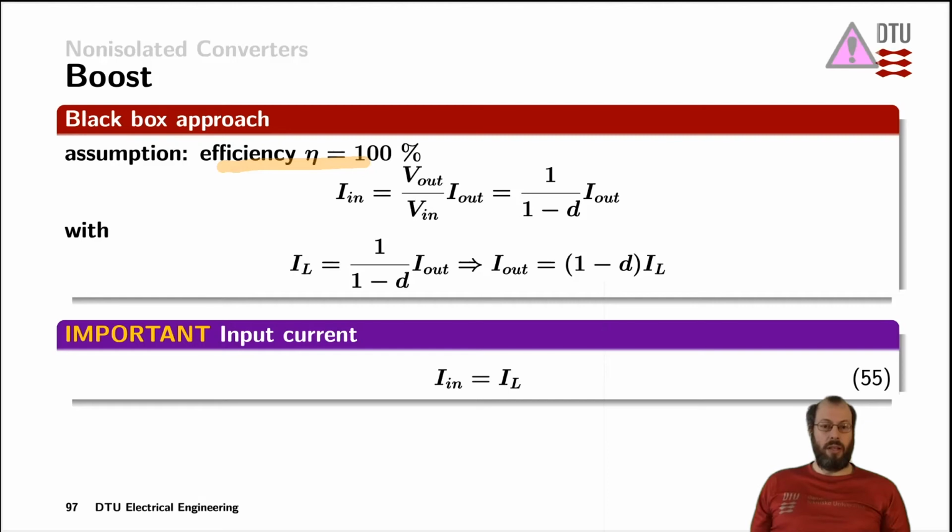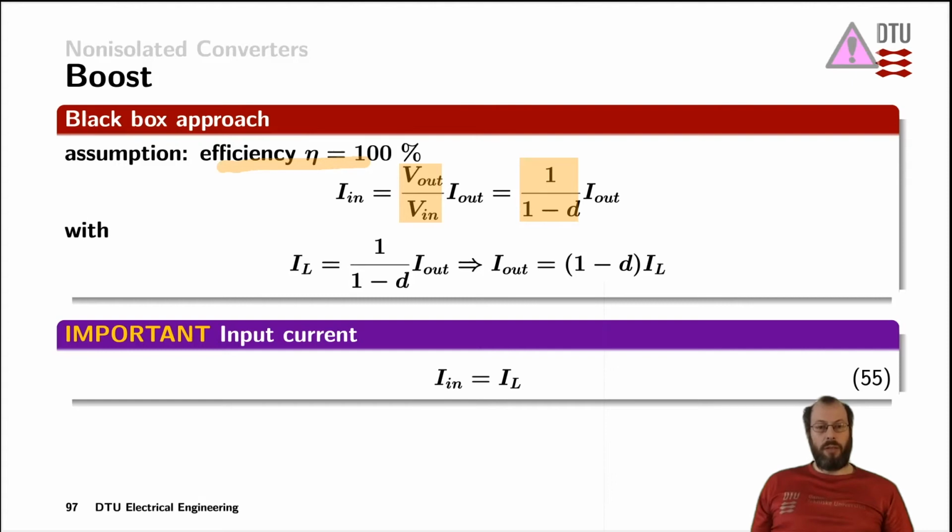That means they are equal to the output voltage divided by the input voltage. And the output voltage divided by the input voltage is the DC transfer ratio of the boost converter in its valid operating range, 1 over 1 minus D.